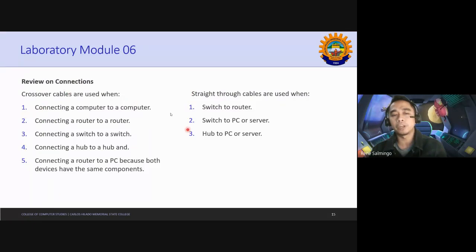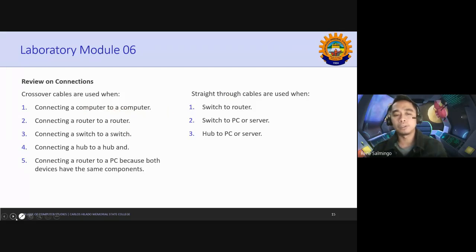So this is the summary for the crossover cable, and this is the summary for the straight-through cable. As you noticed yesterday, we tried to make a connection between a computer and a computer using straight-through. So what happened? Can we communicate? We did not communicate because a crossover cable is required for a computer-to-computer connection, while a straight-through doesn't allow computer-to-computer connection.